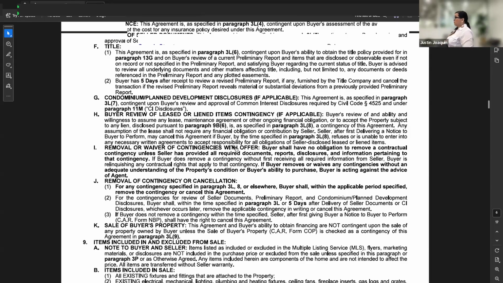Okay. So we want to see, okay, there's 6 trust deeds on this property. Should that be a red flag for me as a buyer's agent? Yeah. If it says there's 2 easements that affect the property, should that be a red flag for me as a buyer's agent? Yeah. Okay.